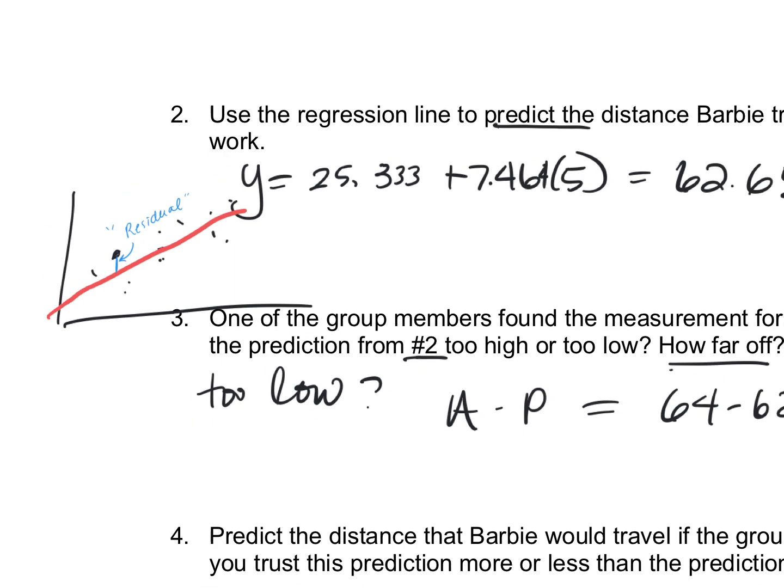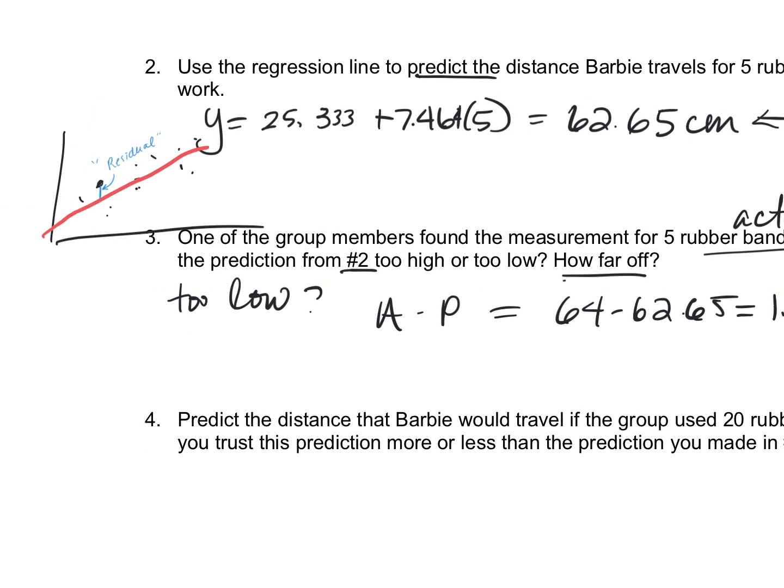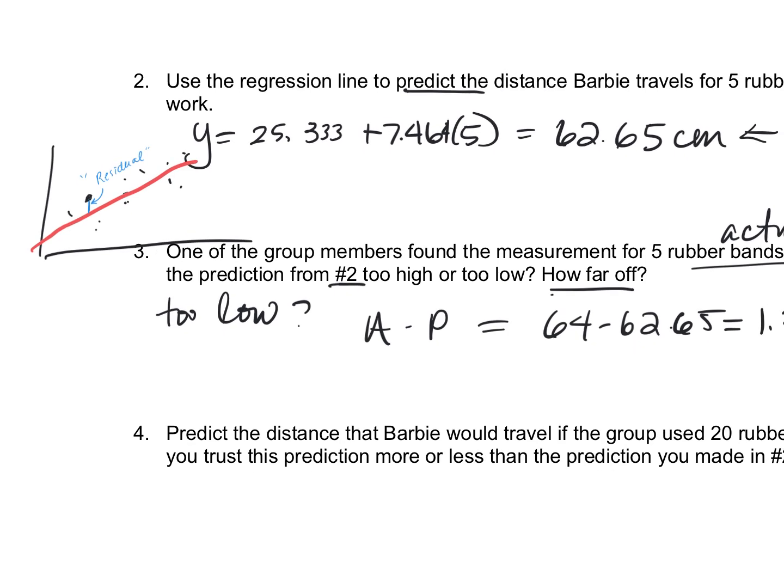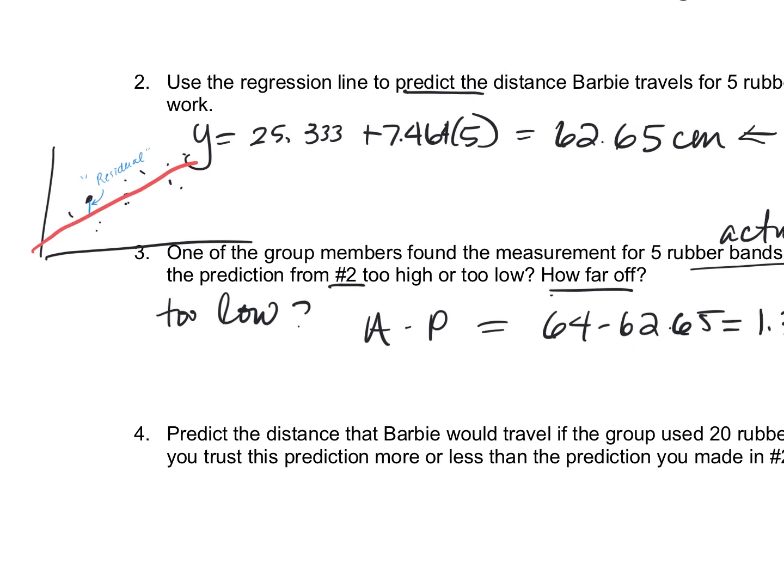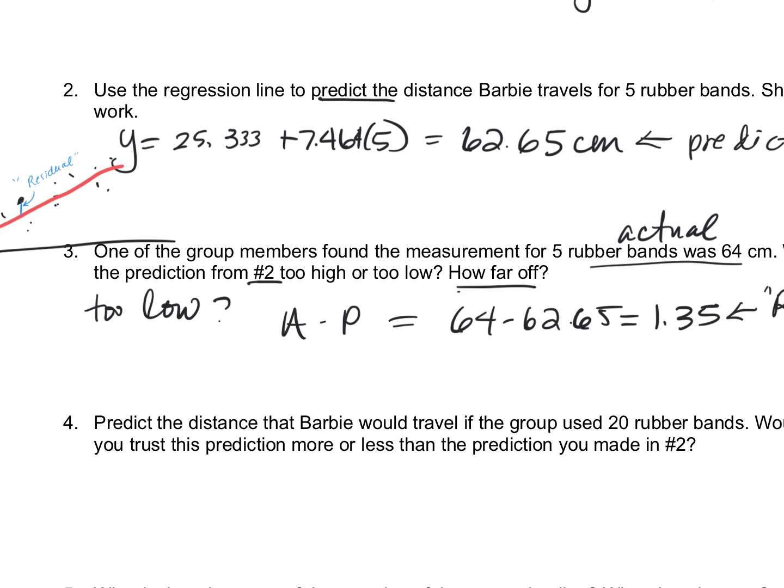If it's positive, that means the actual was higher than the line would have predicted. If it's negative, that means the actual is lower than the line would have predicted. That's all it means. All right?